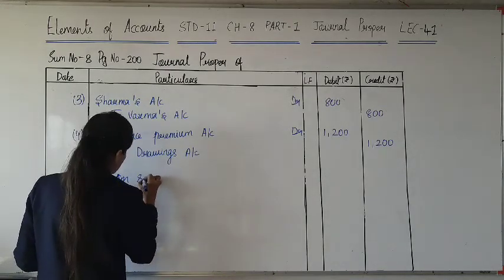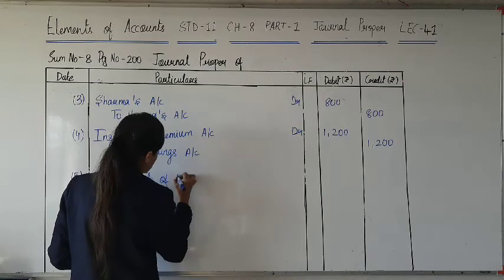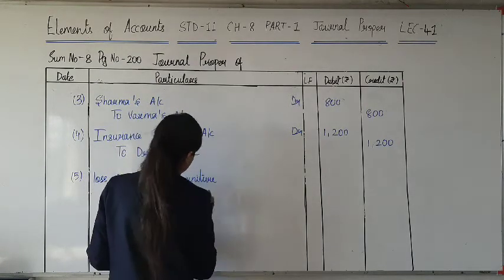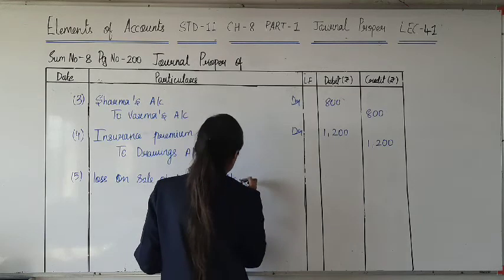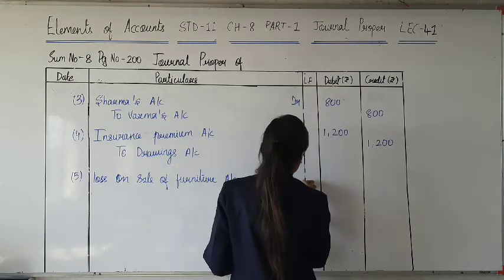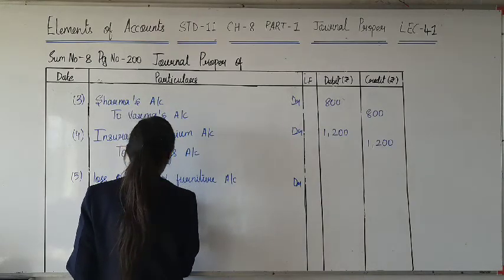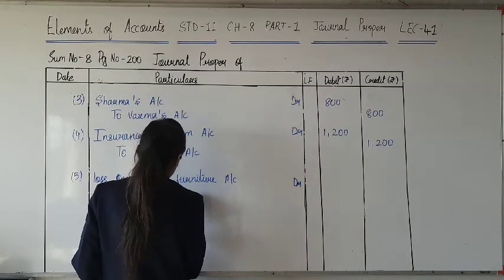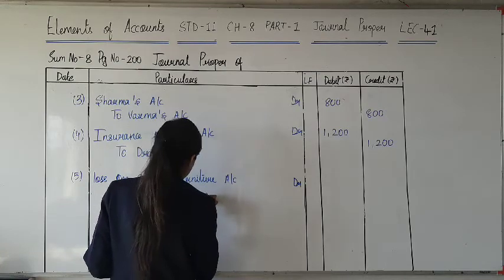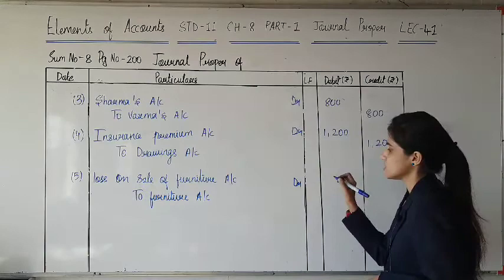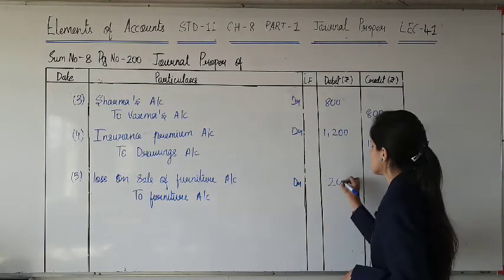Loss on sale of furniture account debit to furniture account. Loss on sale of furniture, 200 rupees.